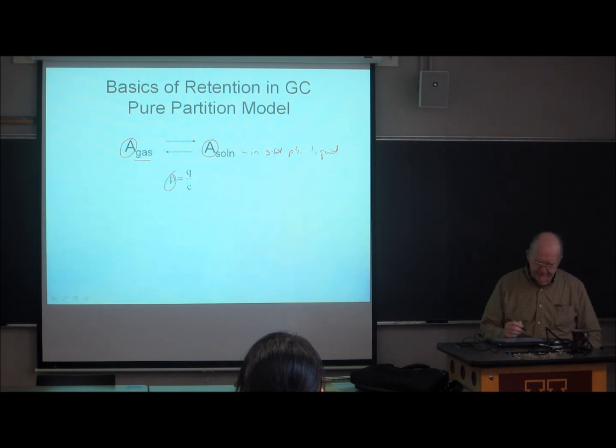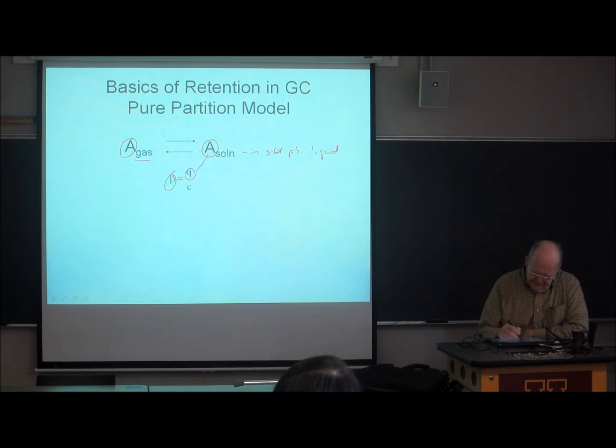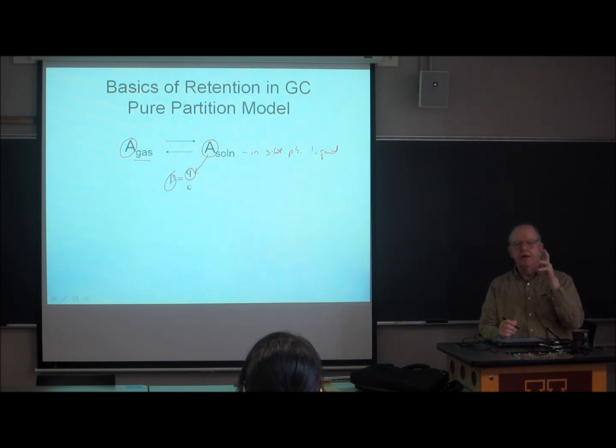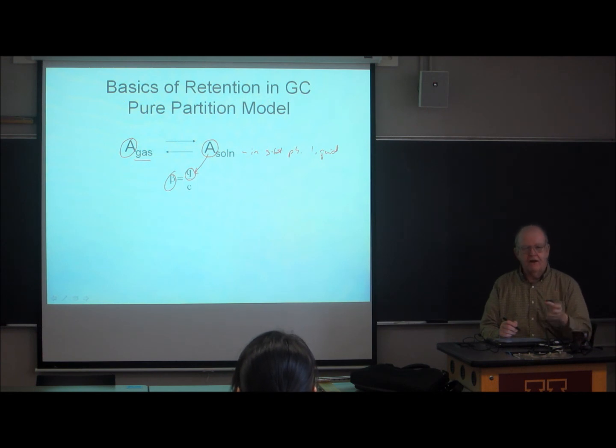And beta, which is the distribution coefficient for this process, which is the equilibrium ratio of the concentration of the solute in the solution phase. And as I said a few minutes ago, usually concentrations and amounts of stationary phase are measured not per unit volume, but per unit weight of stationary phase.